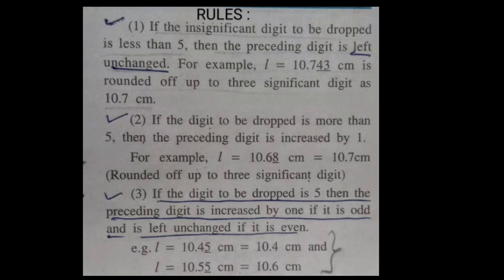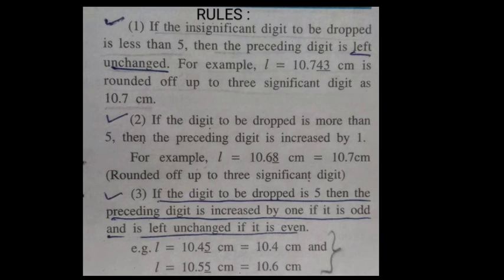Second, if the digit to be dropped is more than 5, then the preceding digit is increased by 1. For example, L = 10.68 cm. Here the last digit 8 is greater than 5, so we add 1 to the 6, so it becomes 7, and we write it as 10.7 cm, rounded off to 3 significant digits.